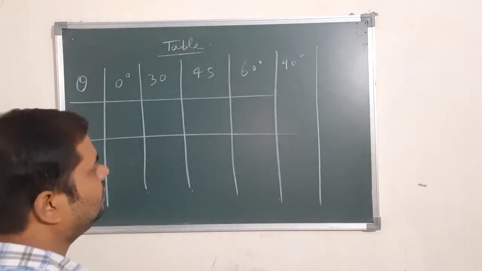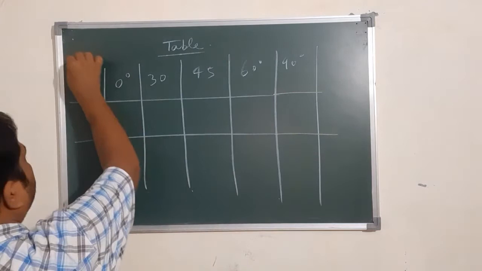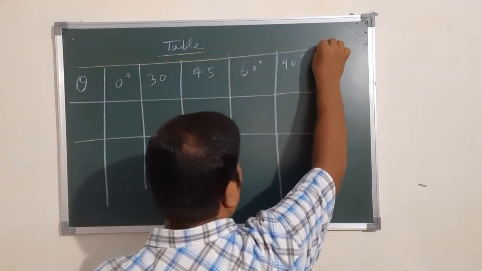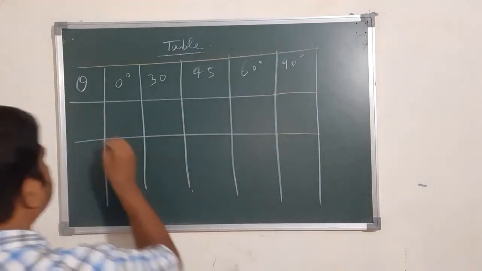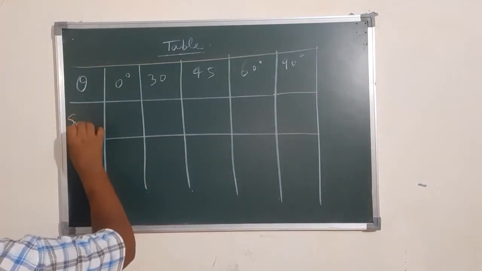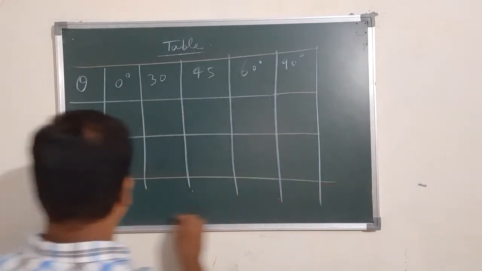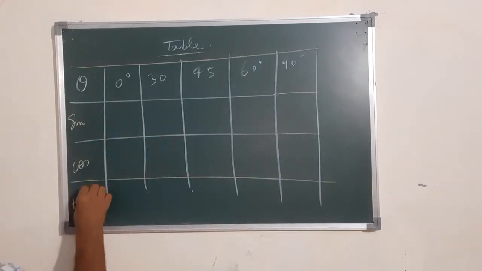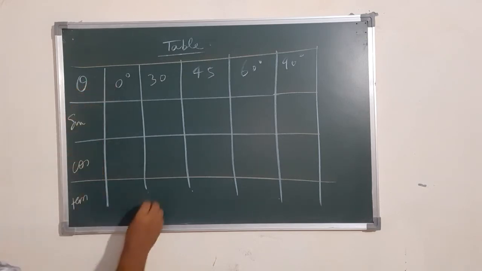Maybe all are clear? This is sine, this is cos, and this is tan. Sine theta, cos theta, tan theta.